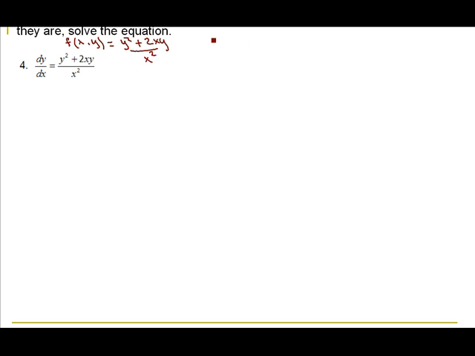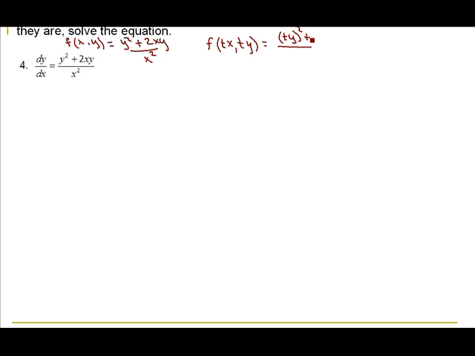To show that this is homogeneous, you'd want to substitute tx in for x and ty in for y, and then be able to factor out t to some power. And so this first term here, y squared, would become ty squared.